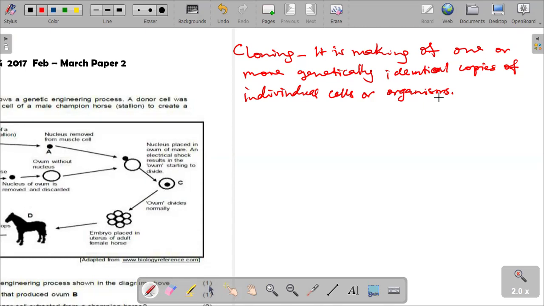It is a process that can also be done by injecting genes directly into a fertilized egg cell, whereby desired genes can be injected directly into a fertilized egg cell.